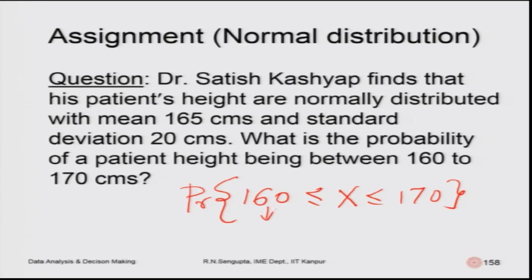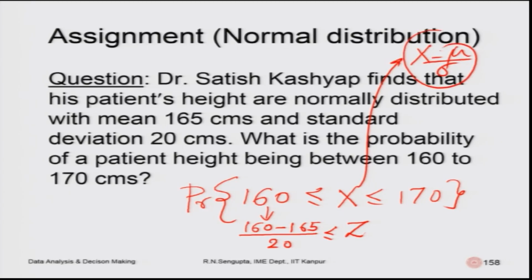So, what I do, I transform this into z. So, it will be 160 minus 165 by standard deviation 20, less than or equal to z, because I have now transformed x. No, sorry, this is capital Z. So, these are realized values of small z. 170 minus 165 by 20.